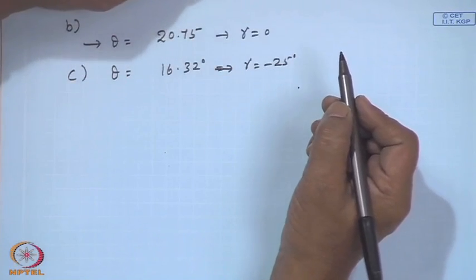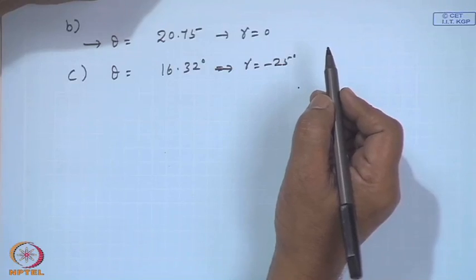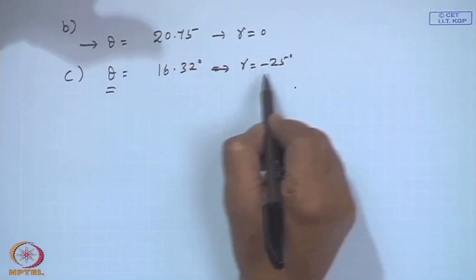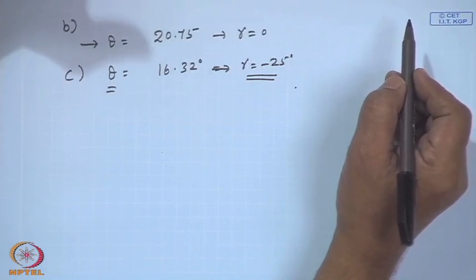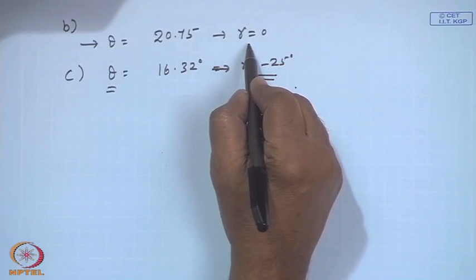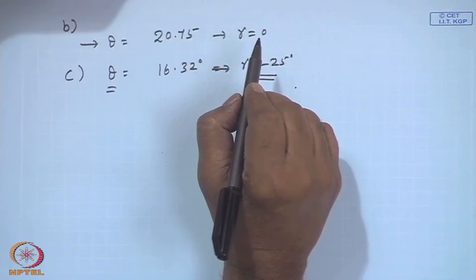Now, it is generally believed that a south facing surface is optimum for solar collectors. Now, I find that the angle of incidence, when it is not due south but somewhat towards east, seems to be better compared to gamma equal to 0, the south facing surface.